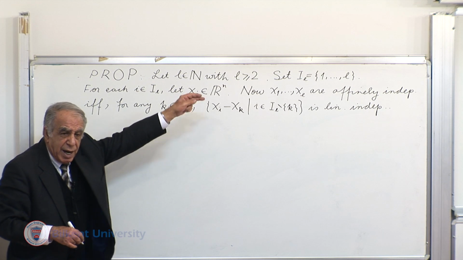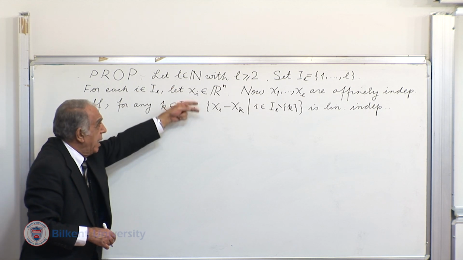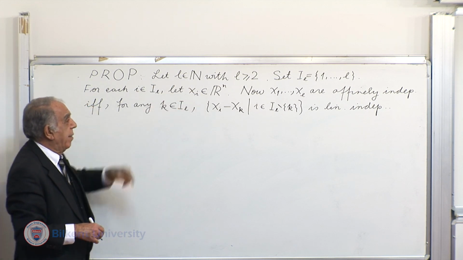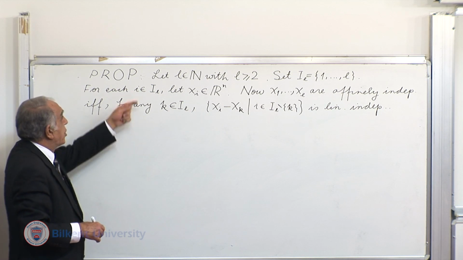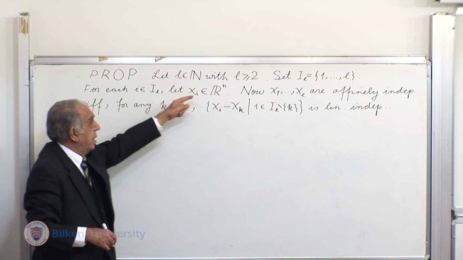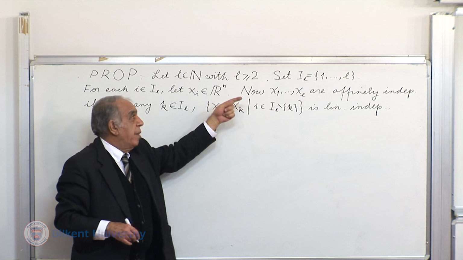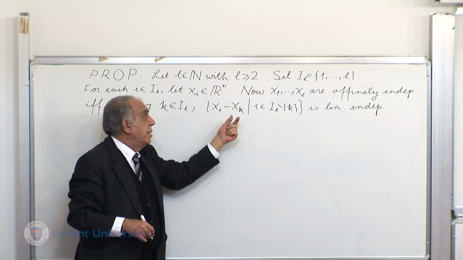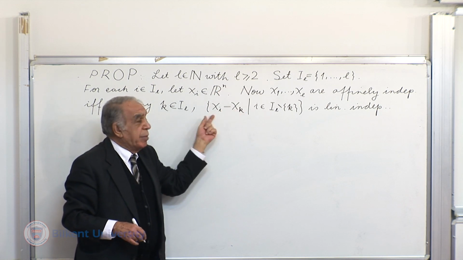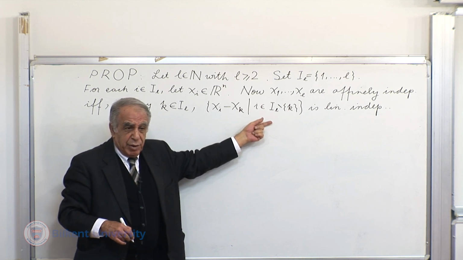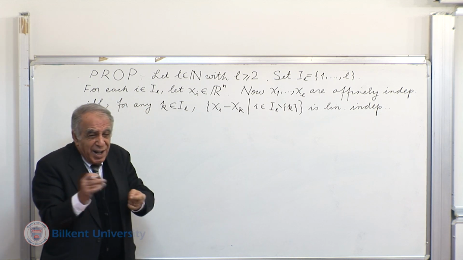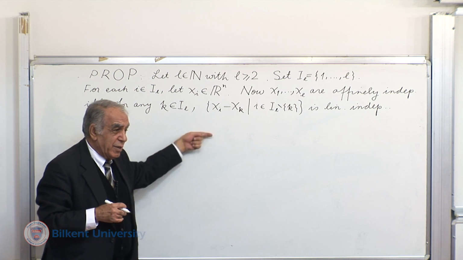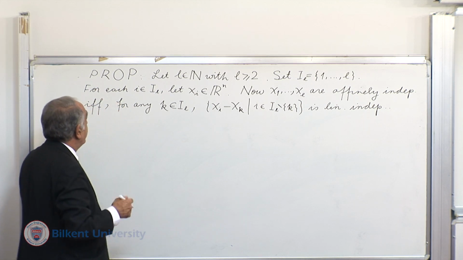There we had R^2, but this is R^n, and we have L vectors. But this should be larger than or equal to 2. Well, if it's 1, then this will be the empty set, because there will be no i different than 1.